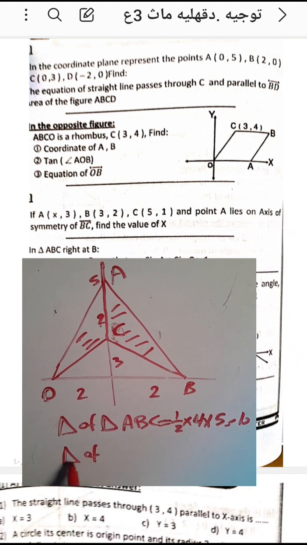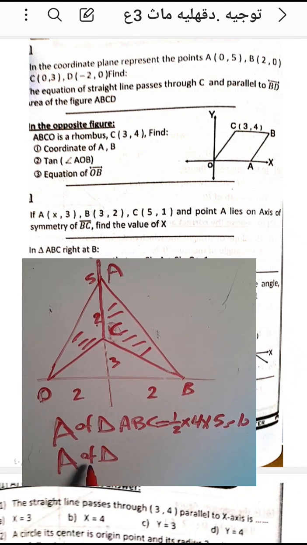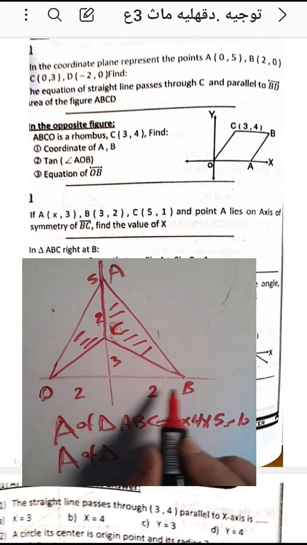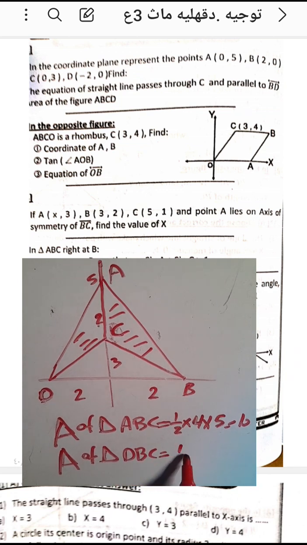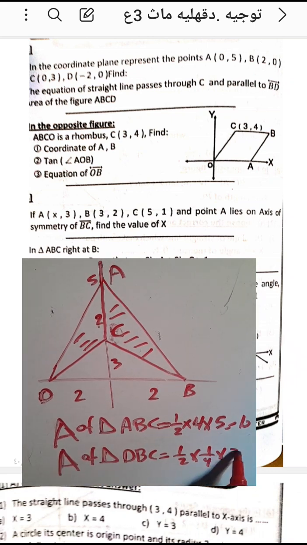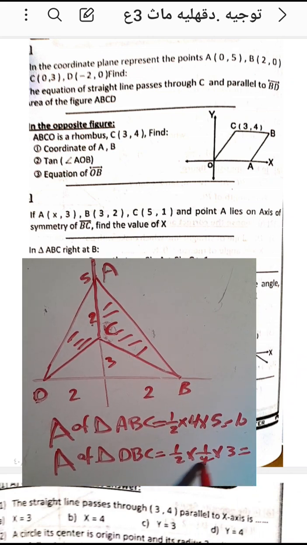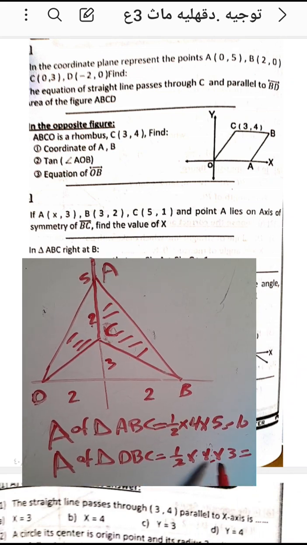And then the area of triangle DBC is half times 4 times 3, which will be 6 square units.